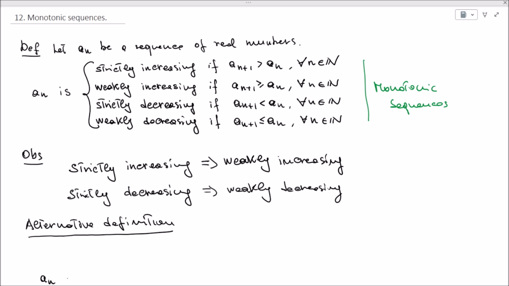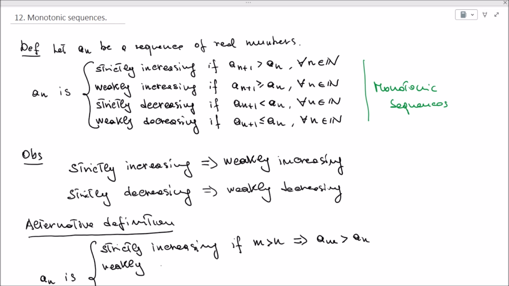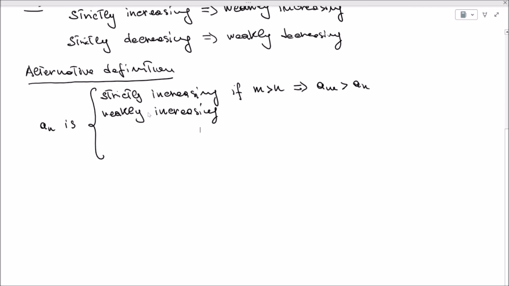We could say that an is strictly increasing if m larger than n implies that am is larger than an, and it is weakly increasing if m larger than n implies that am is larger than or equal to an.